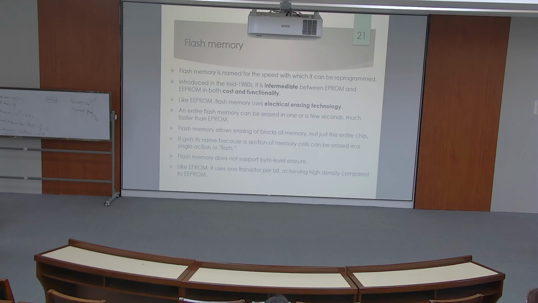It is much faster than the EPROM that we just learned in the previous slide. Flash memory does not support byte-level erasure. That means it is not erased byte by byte.